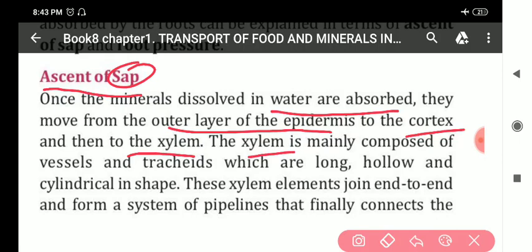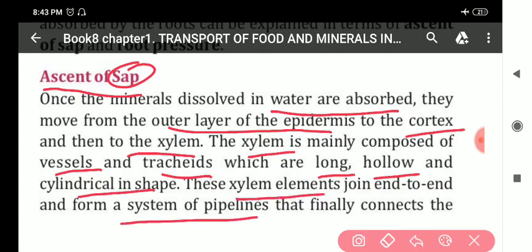The xylem consists of vessels and tracheids, which are long, hollow and cylindrical in shape. These xylem elements form a pipeline, and through this pipeline the ascent of sap takes place, the movement of water and minerals.